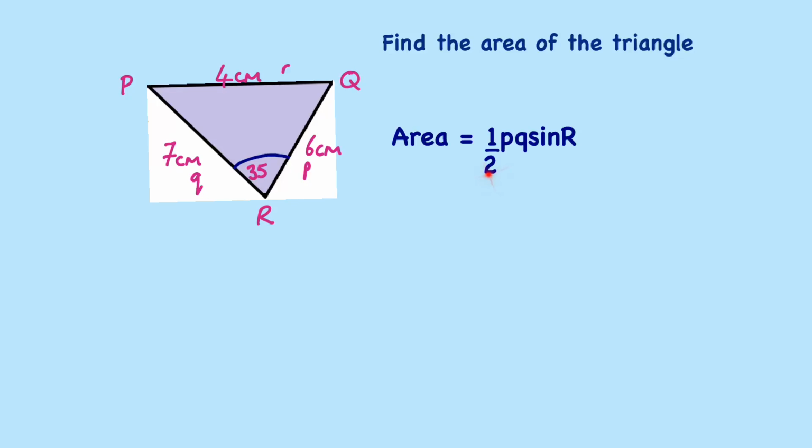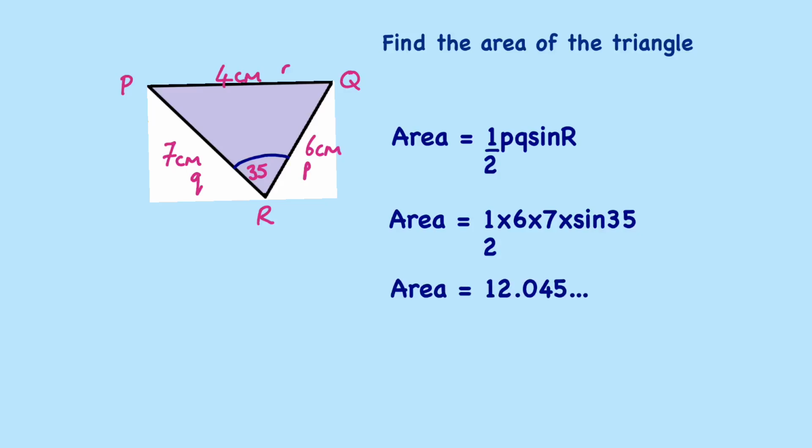So we're going to do half multiplied by our 6 times 7 multiplied by sine of our angle 35, which looks like this. And then when we put that into our calculator, we get the answer of 12.045, and the 3 significant figures is 12.0 centimetres squared.